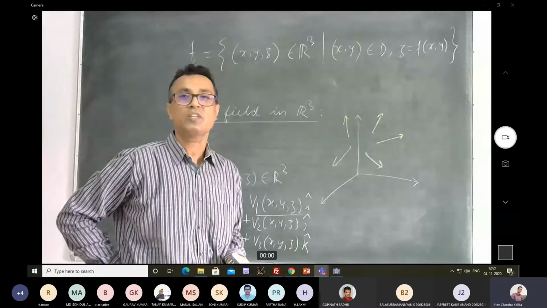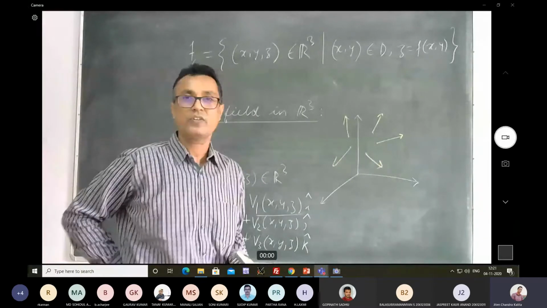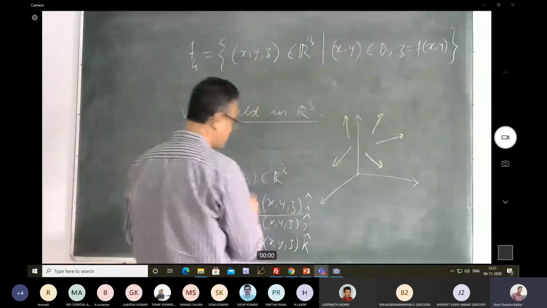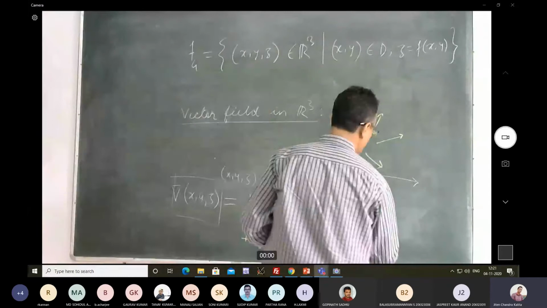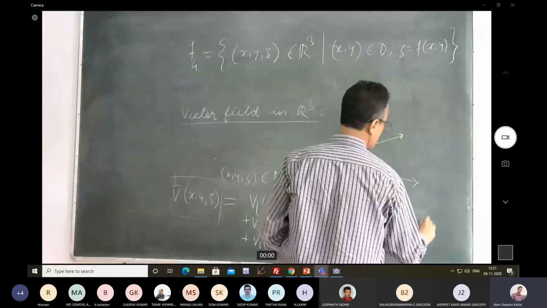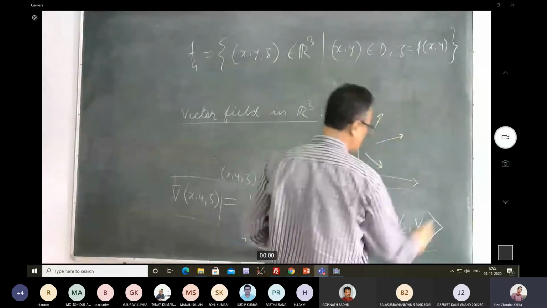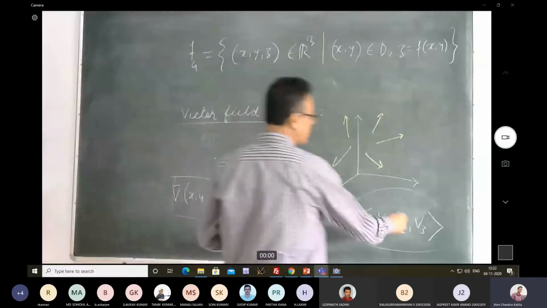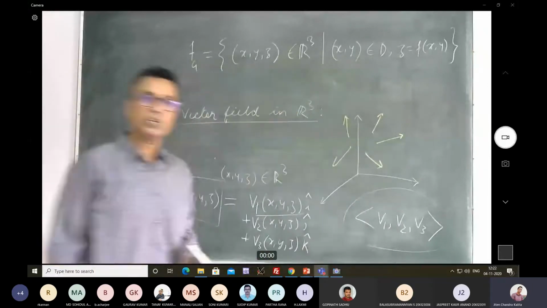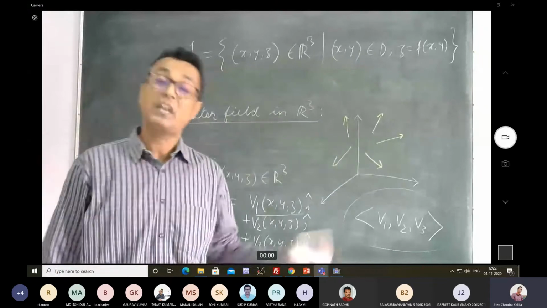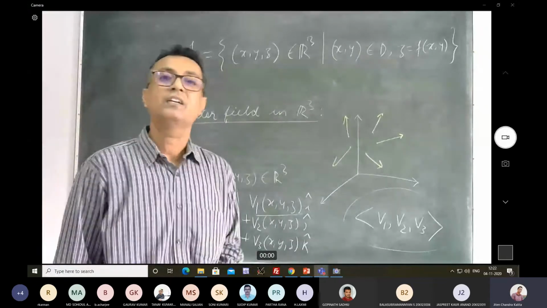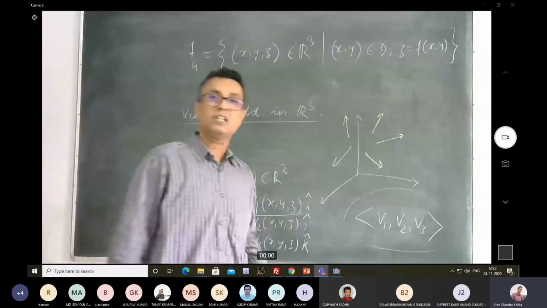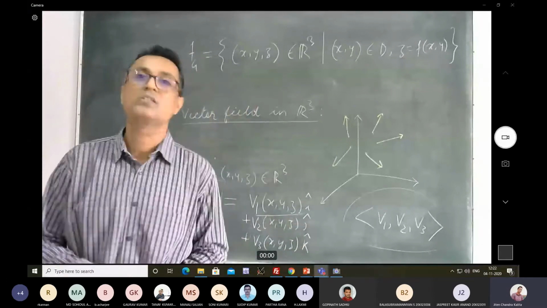Then it is going to represent a vector field in R3. In order to represent this vector, I am going to use this symbol: v1, v2, v3. If I use this symbol, you should automatically infer that v1, v2, v3 are the components of that particular vector along x, y, and z directions respectively. Of course, here i, j, k are unit vectors along x, y, and z direction.